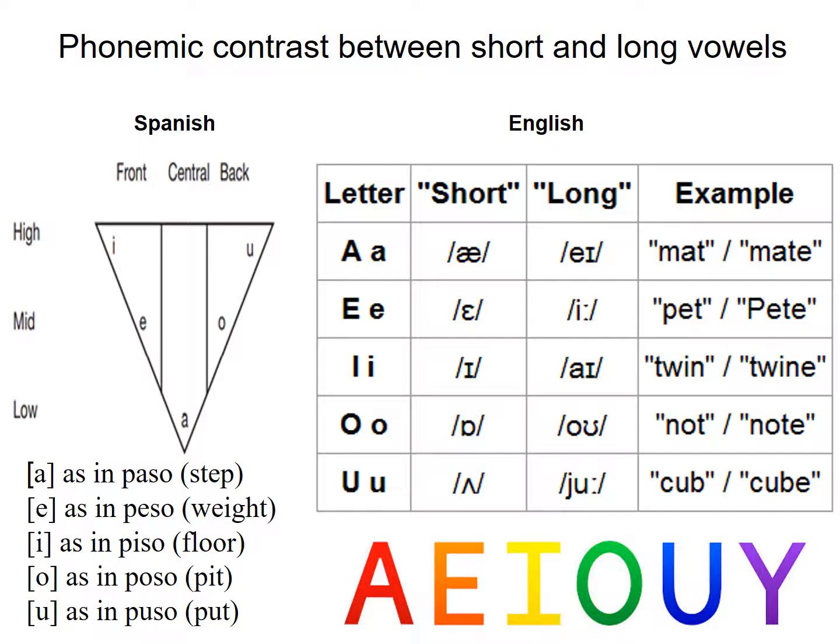The same vowel can have 2 different sounds in English: long sounds and short sounds, which is not seen in Spanish. For example, an I can be both short I and long I. This is seen in words like mit, or might.